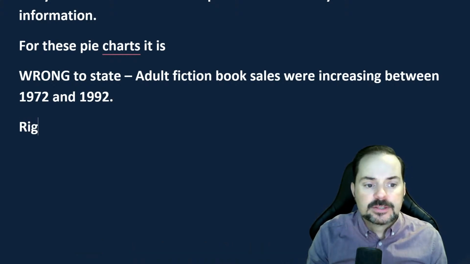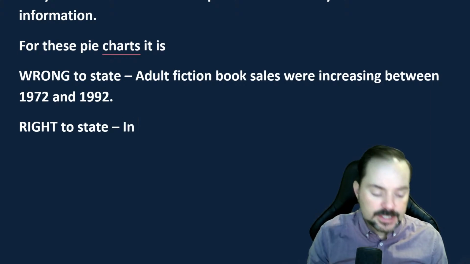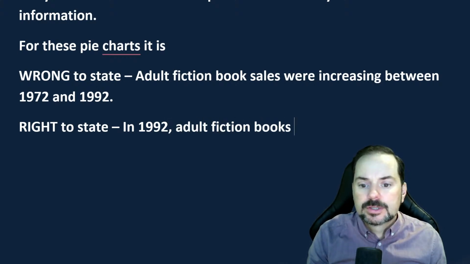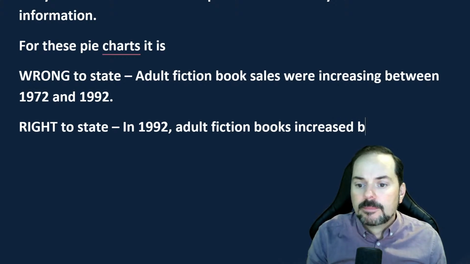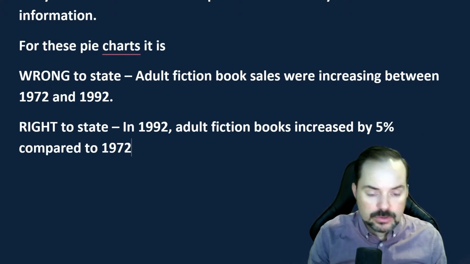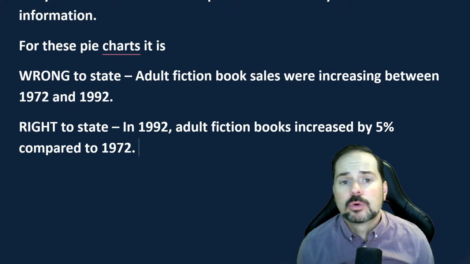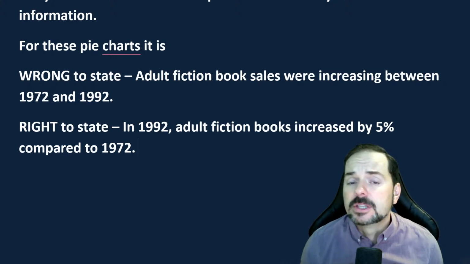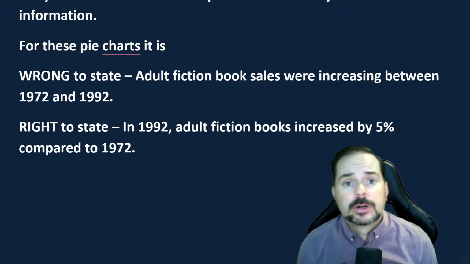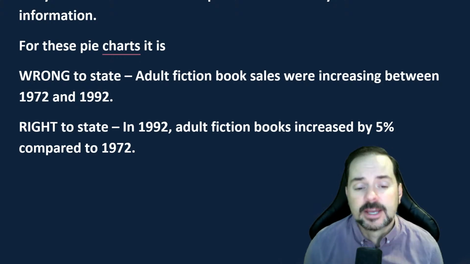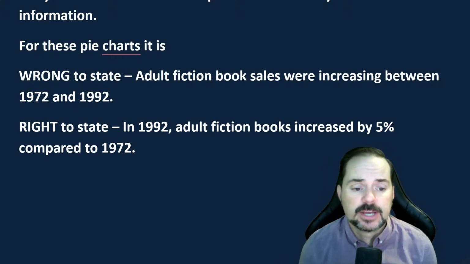It is right to state in 1992, adult fiction books increased by 5% compared to 1972. Okay, so does that make sense, students? It's a very, very important difference. And this could easily be the difference of one band score in your writing section, understanding the reasons that you use certain types of graphs, or certain types of charts.